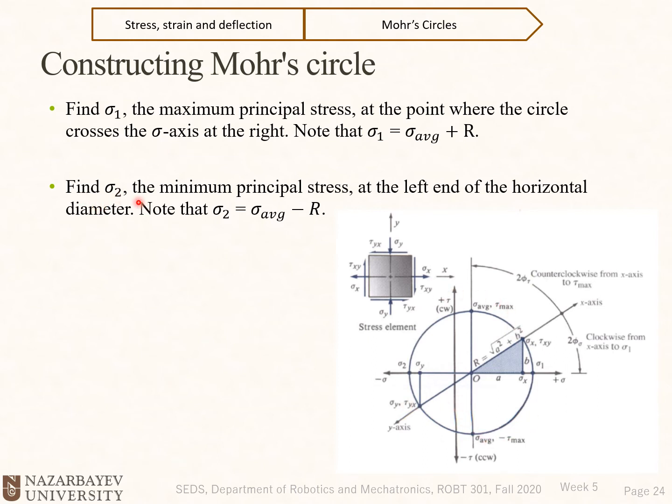And we could find sigma 2, the minimum principal stress, at the left end of the horizontal diameter here. Note that sigma 2 is sigma average minus R. So sigma average plus R and minus R were the equations we already had for sigma 1 and sigma 2. Refer to the previous slides and see what the sigma 1 and sigma 2 equations were. You see that they are exactly the same.